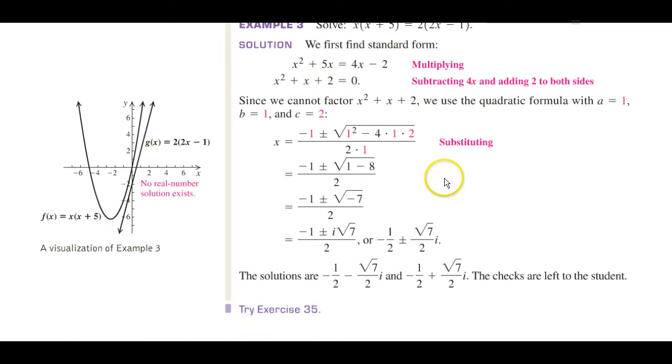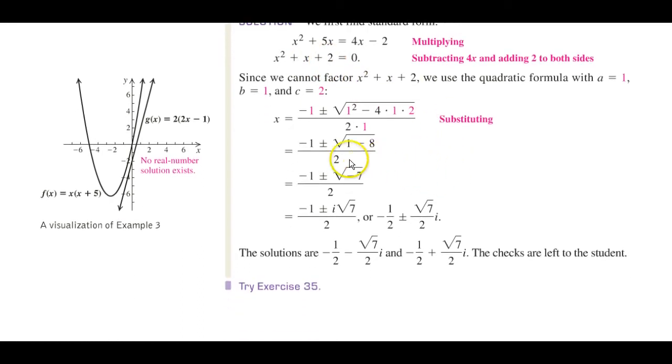You do the substitution. Now notice when you end up with this, you get imaginary solutions, because under the radical here, you end up with a -7. So you convert it.